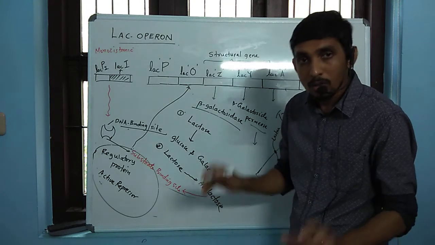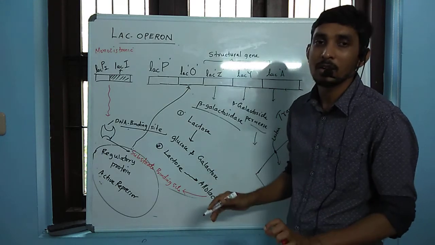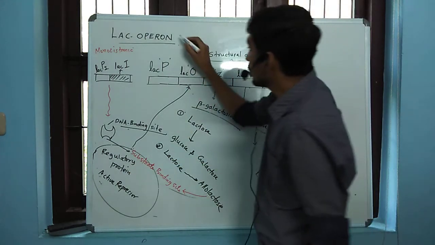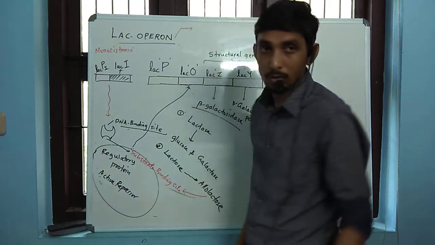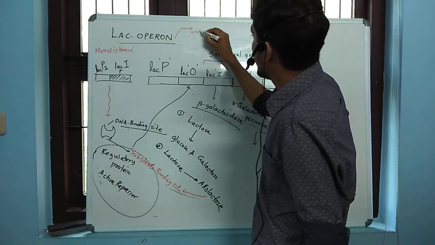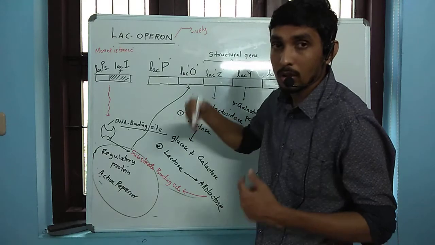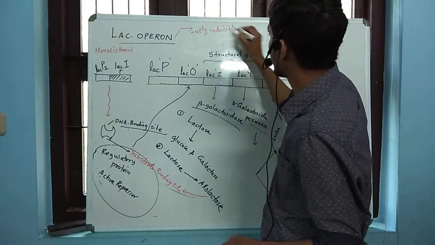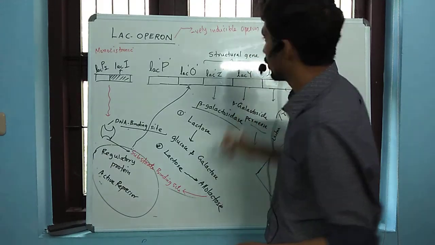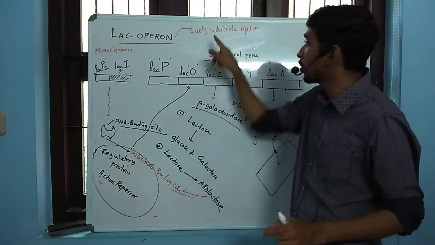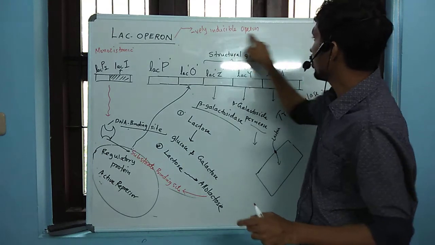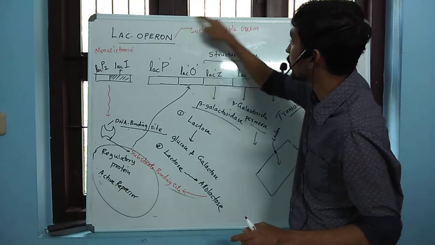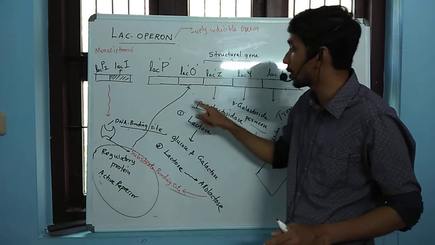So this lac operon is an example of a negatively inducible operon, which means an operon which is always off, inducible, and always off due to the presence of a negative factor called the repressor on the promoter.